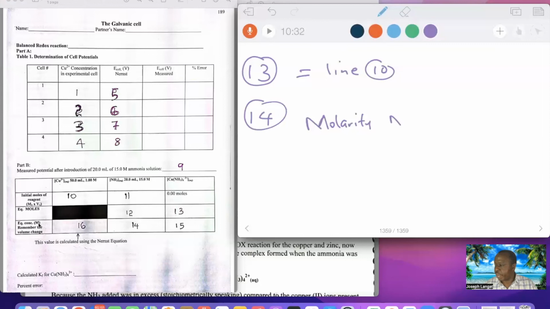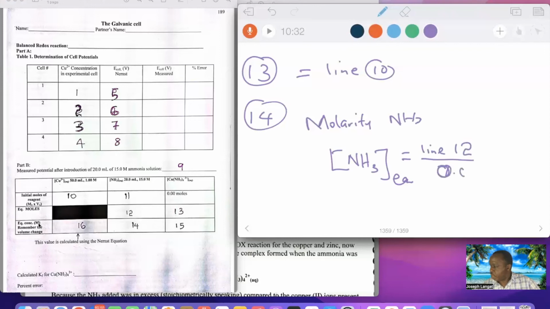Ammonia, NH3. The concentration of NH3 at equilibrium is given by line 12 over 0.070 liters.